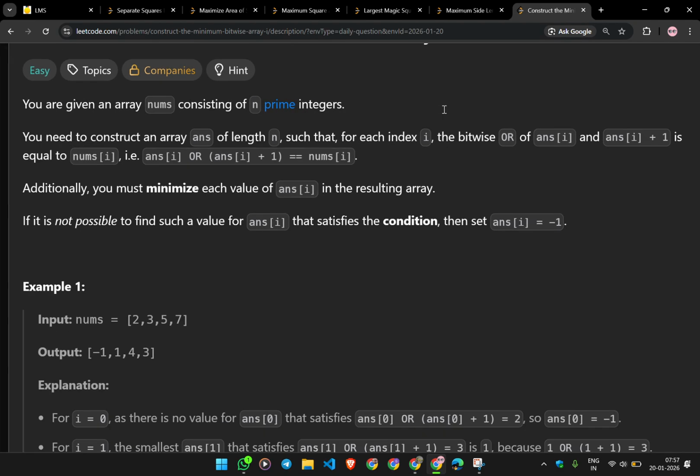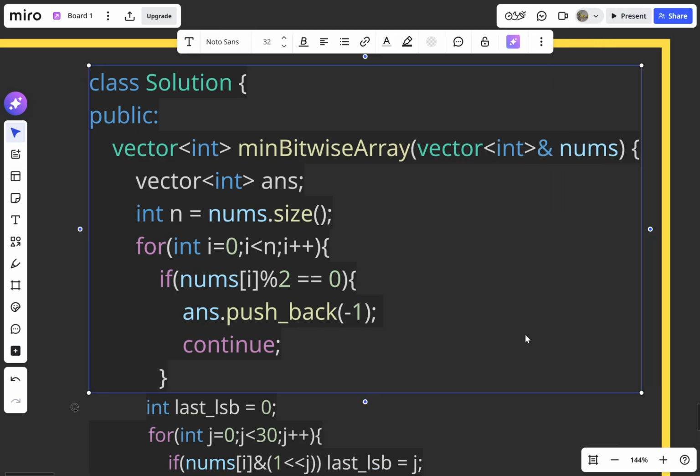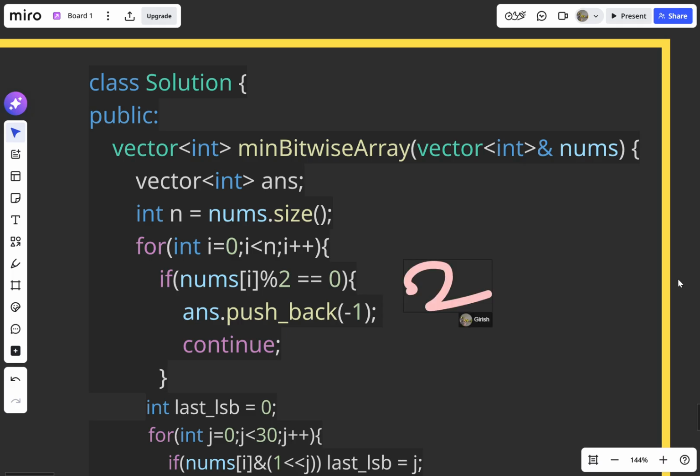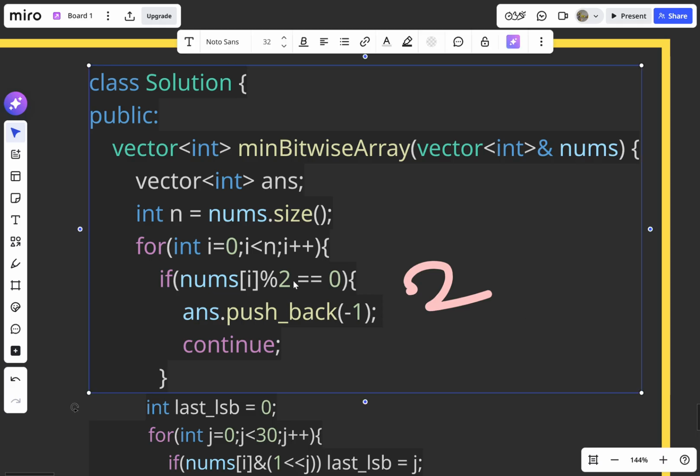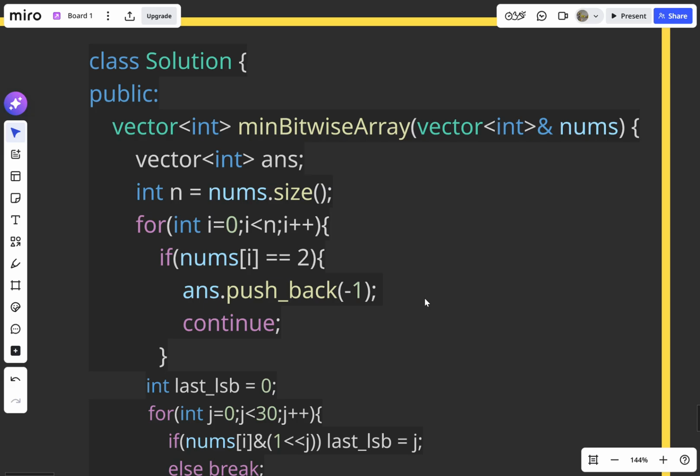So there is only one number which is both prime and even, and that even prime number is 2. So if in this place we just write if nums of i equals 2, this will also be accepted.